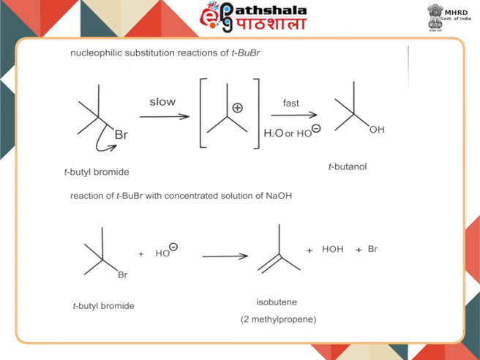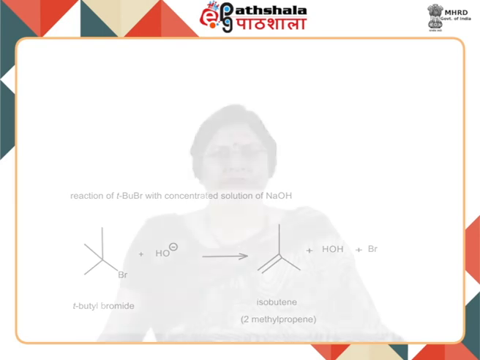On the other hand, if there is a concentrated solution of NaOH, then the tertiary butyl carbocation will undergo beta deprotonation by this OH minus, which now acts as the base, and there is formation of alkene, that is, the eliminated product. So, the same substrate tertiary butyl bromide can go to substitution via SN1 or can lead to elimination via E1, and that is where the competition between substitution and elimination comes in.